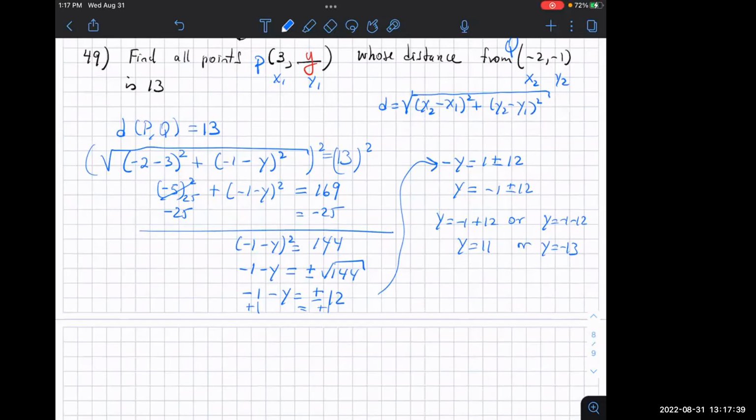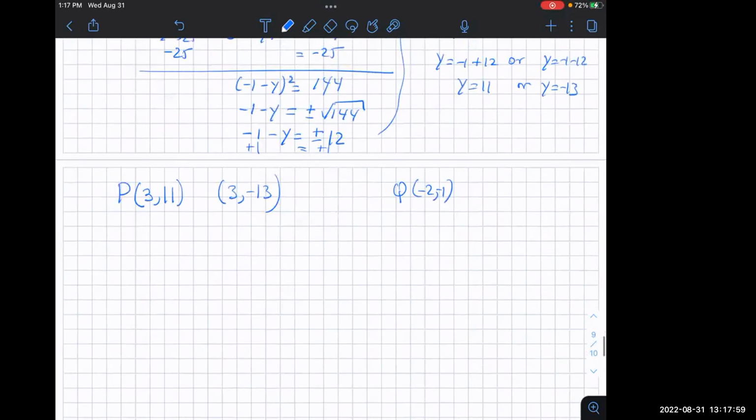So then the points for P are (3, y), so (3, 11) or (3, -13). Let's verify. It's saying the distance from those P's to Q is 13.